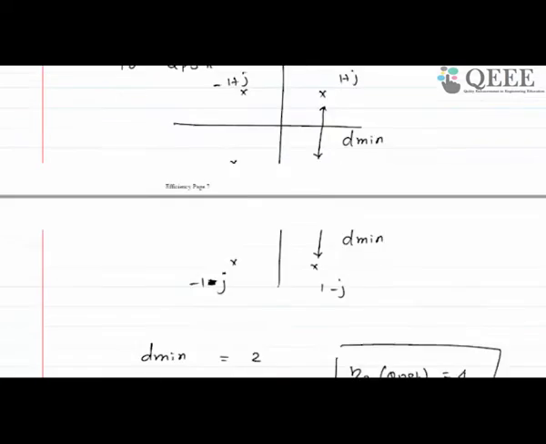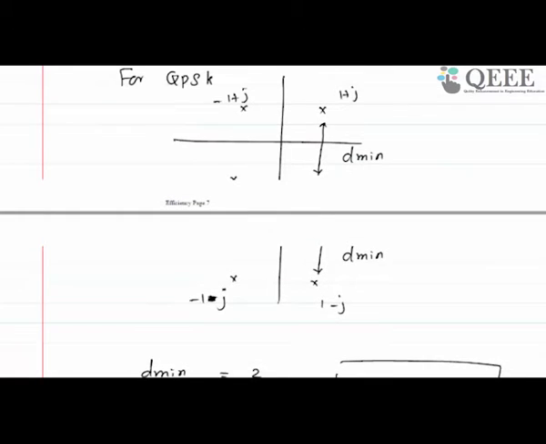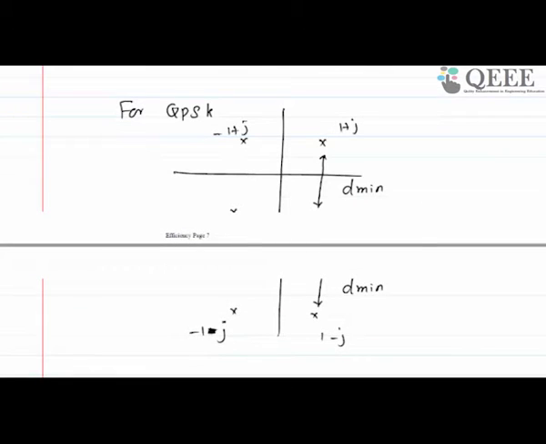So let me calculate the power efficiency for QPSK. In QPSK there are 4 points: -1 plus j, 1 minus j, and so on. Now the minimum distance is between adjacent points. So 1 plus j and 1 minus j, the distance is basically 2.